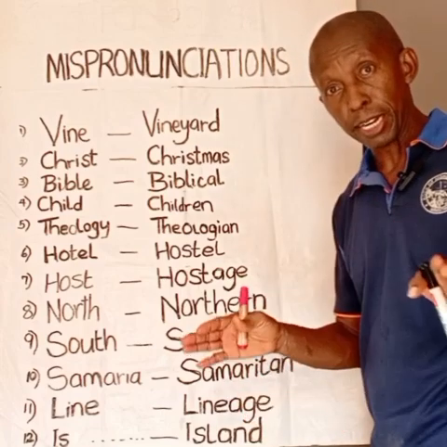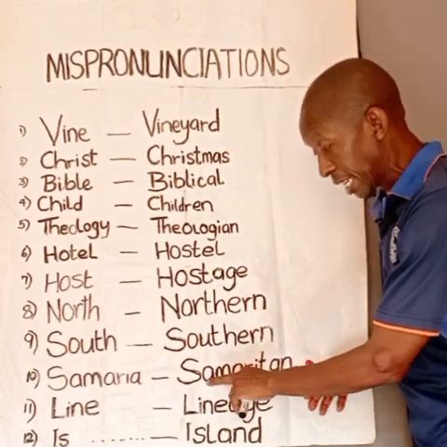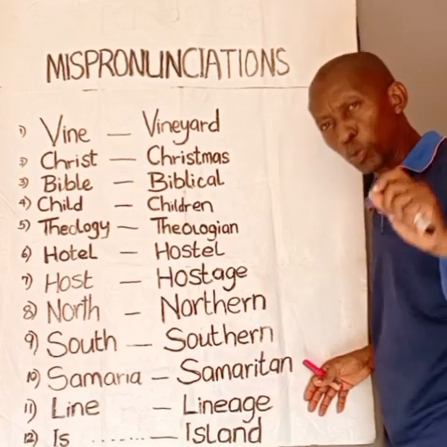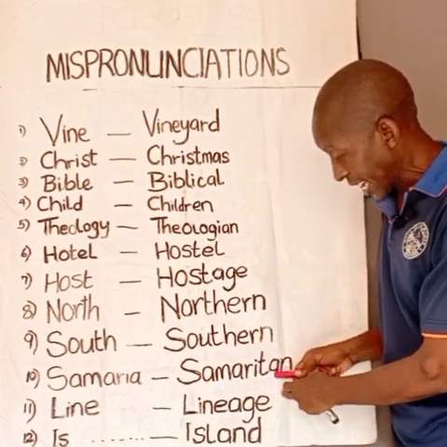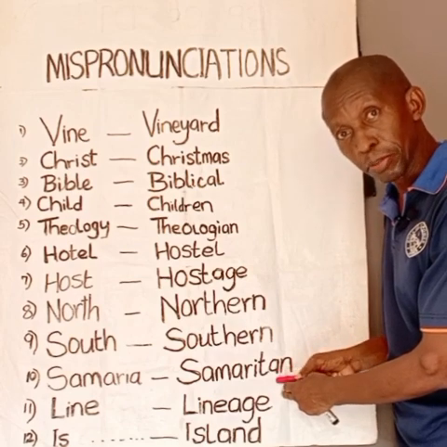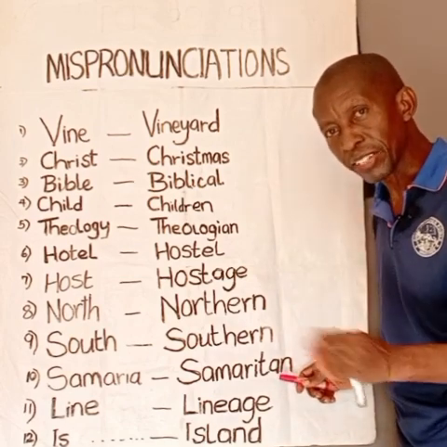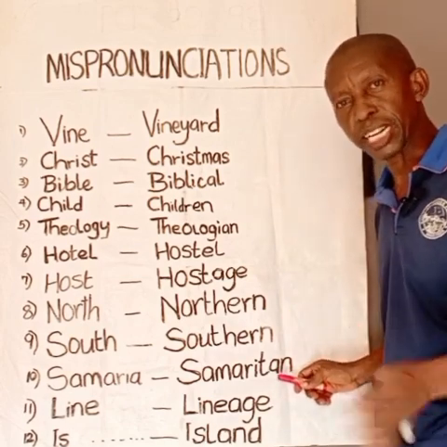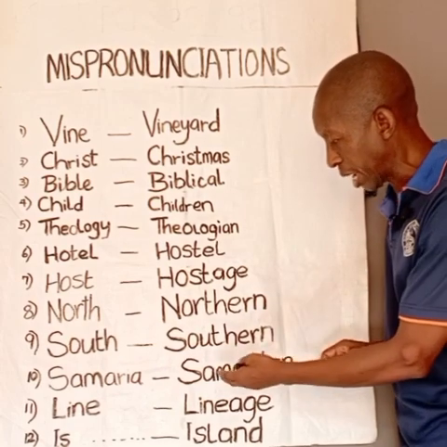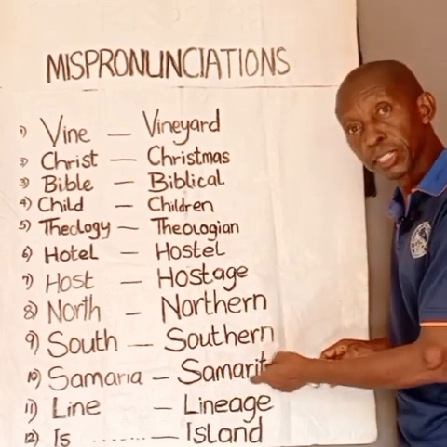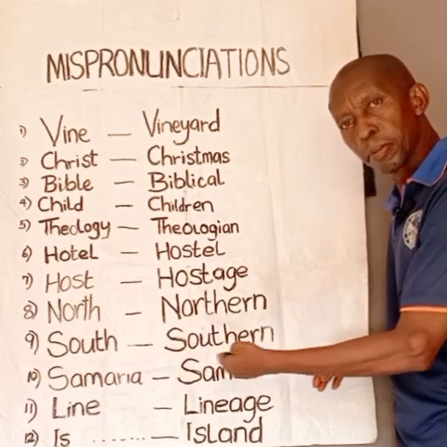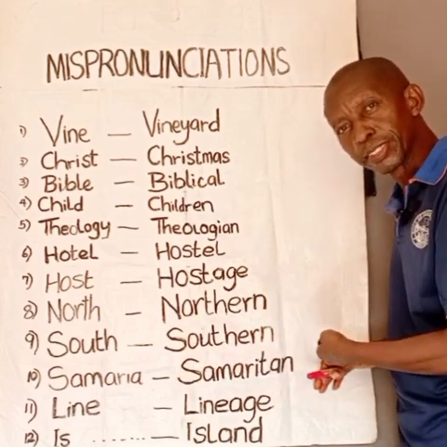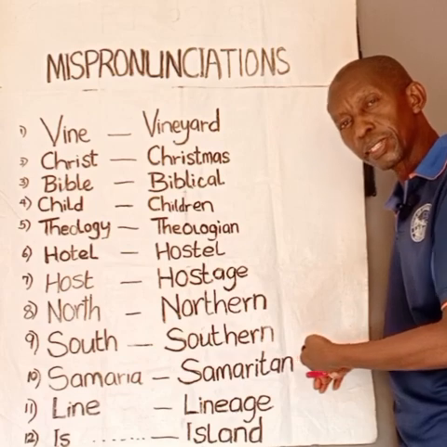Let me explain. This letter here makes a short sound. And this letter A here, this last syllable, is not sounded at all. It is silent. So you kick it off when you are pronouncing. Slowly, Samaritan.